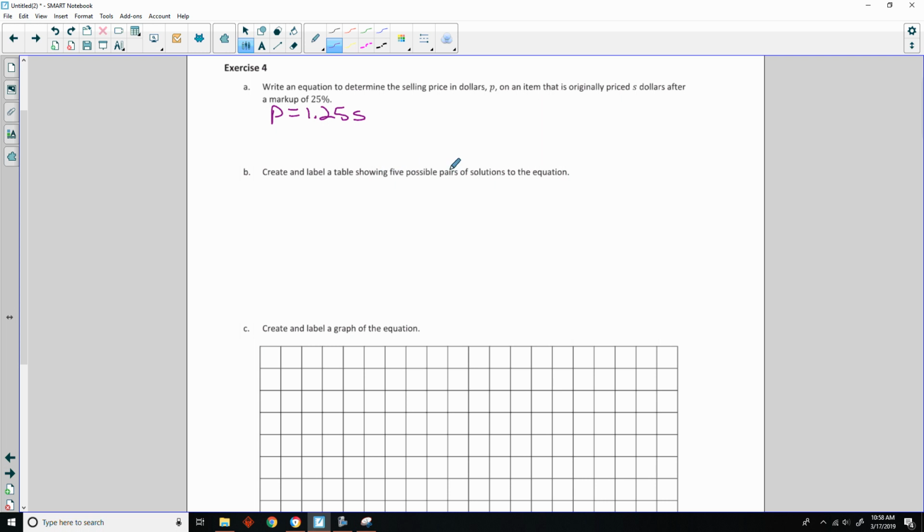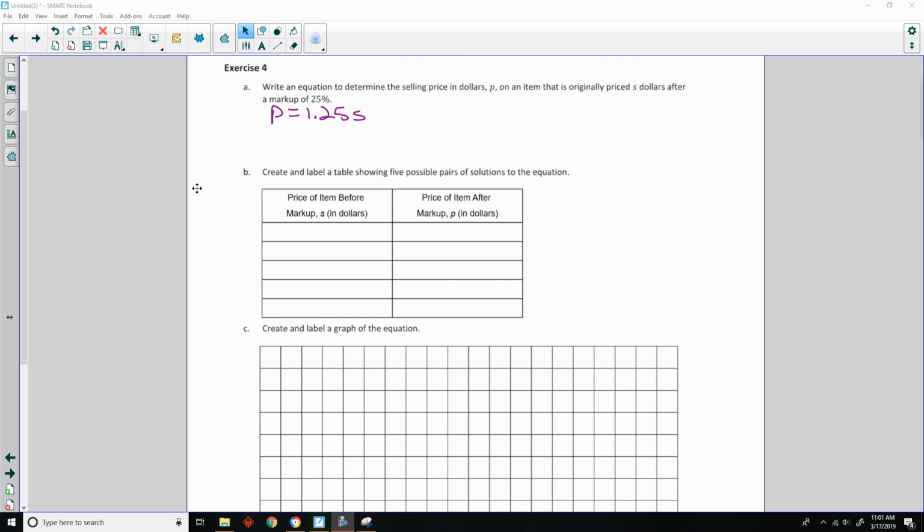B says to create a table showing 5 possible pairs of solutions to the equation. Here's a table I set up: on one side we have the price of the item before the markup, S in dollars, and the price after the markup, P in dollars. P equals 1.25S.